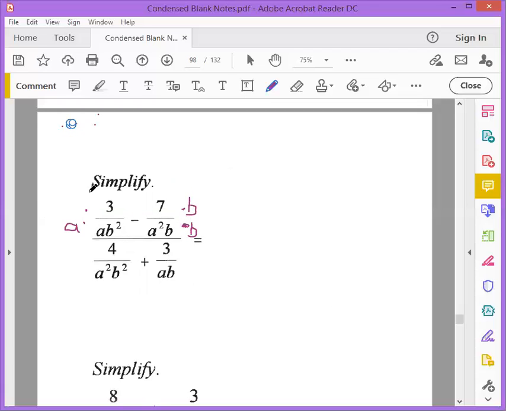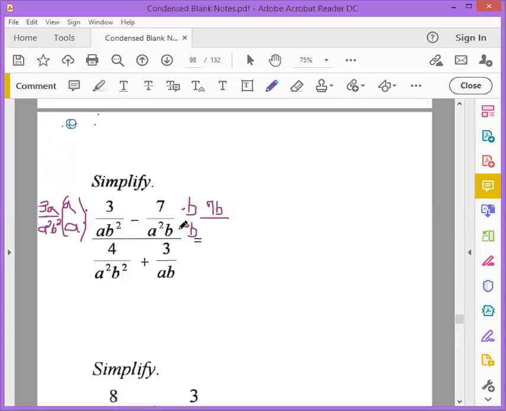Now remember, we multiply the numerator and the denominator by the same terms. Here on the left, we'll now have a squared b squared in the denominator. And 3 times a in the numerator will leave us with 3a. Okay, so we multiply 3 times a to get 3a. Minus, here, when we multiply in the numerator, we get 7b.